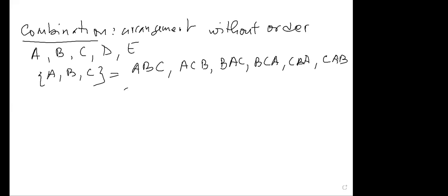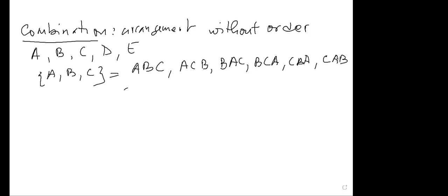Are we getting what I'm saying here? There are 3 ways of placing the first one, 2 ways of placing the second, 1 way of placing the third. So one combination is covering 6 permutations.